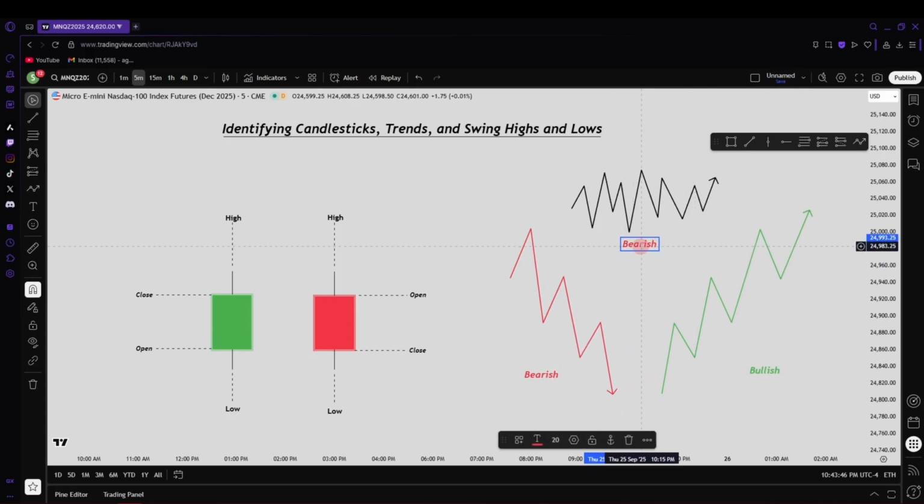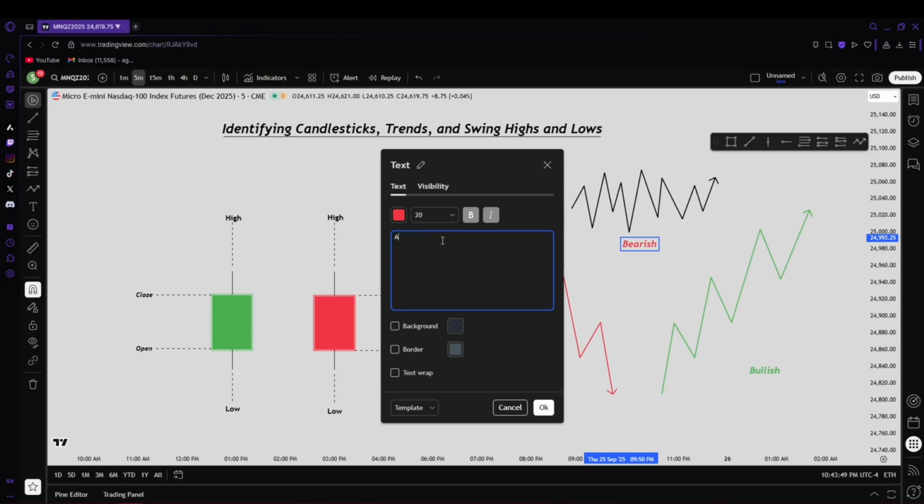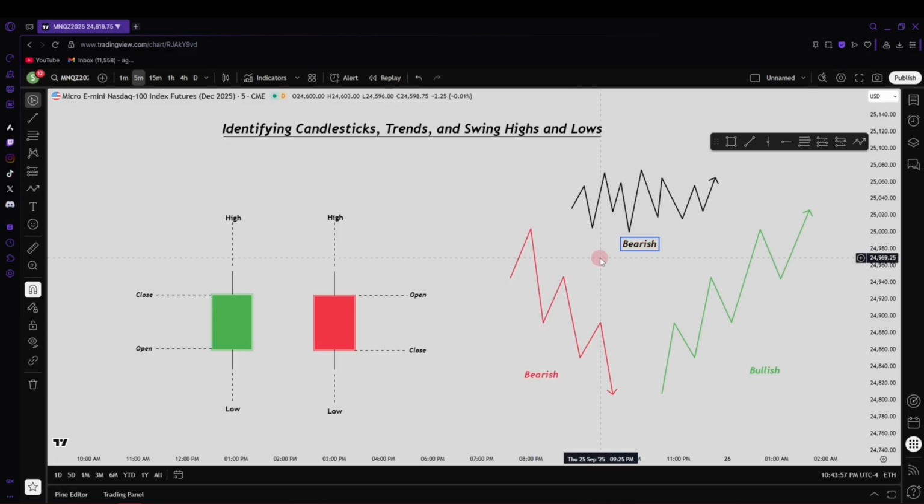And this funny looking thing right here would be called accumulation. As you can see, we have our three trends that make up the entire market: bearish, bullish, and accumulation.